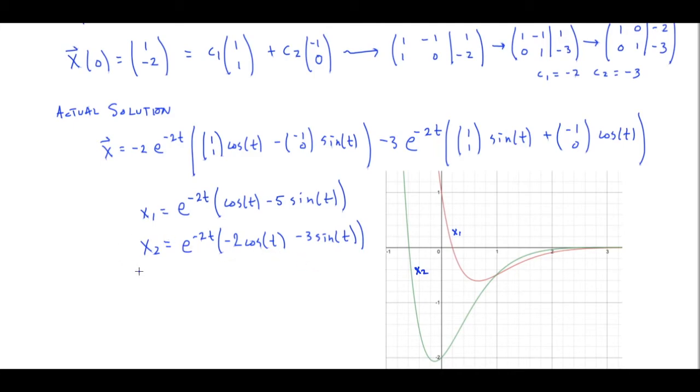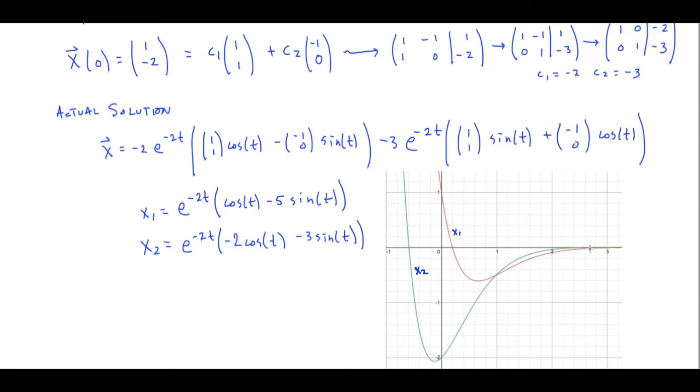These are, of course, the types of functions that we're very familiar with from chapter 3. These are overdamped oscillations because in theory there's some oscillation caused by these trig functions, but the exponentials are so strong that they're driving the solutions to zero almost immediately. Just for reference, I've graphed them here. x1 passes through 1 at t equals 0, as determined by the initial condition, and then has one sort of oscillation.